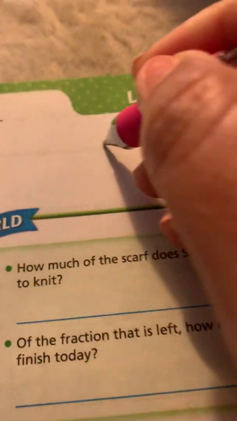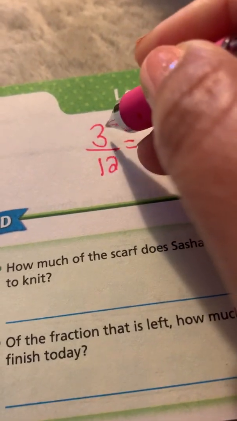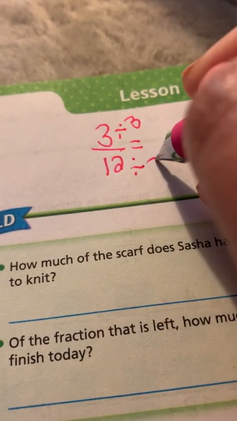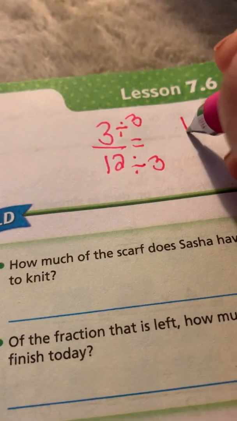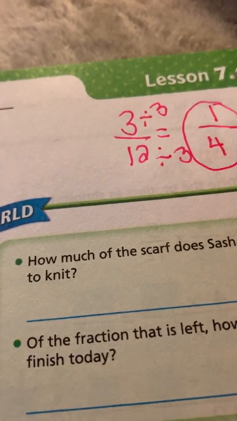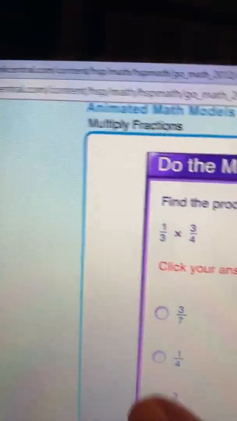When you reduce 3/12, and I'm going to do it here for you, you're going to divide both by 3. 3 divided by 3 is 1. 12 divided by 3 is 4. This is its simplest form. So this is why you wouldn't find it here. So the answer is going to be 1/4.